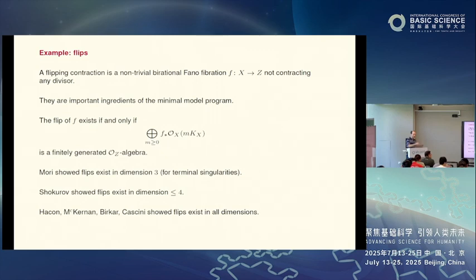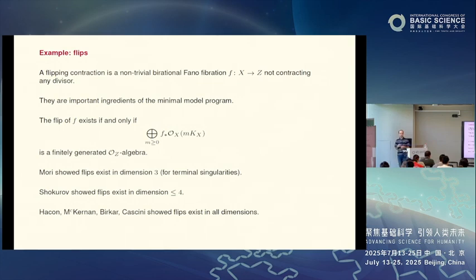So one of the steps that I mentioned are flips. A flip, or a flipping contraction, is a birational Fano fibration, which is non-trivial. That means that something is being contracted, but it does not contract any divisor. So for example, you can have a threefold, and one single curve is being contracted, but no surface is contracted.